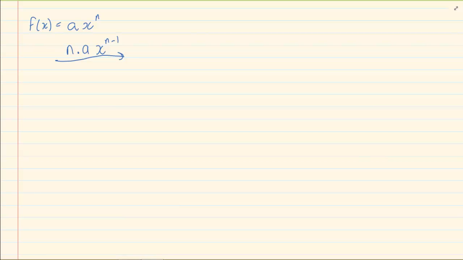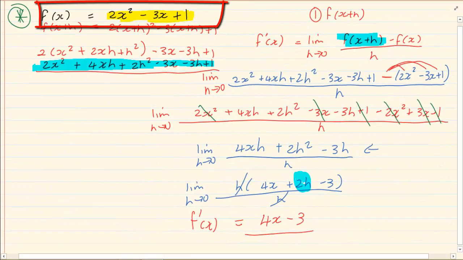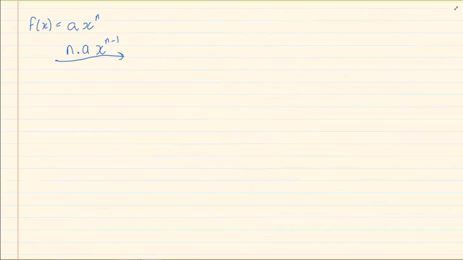Let's take an example of a first principle that we've done before. So let's take 2x squared minus 3x plus 1. So we're going to use the equation 2x squared minus 3x plus 1.